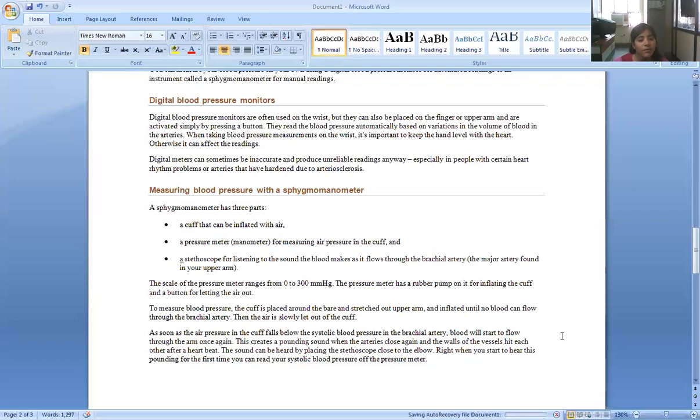The scale of the pressure meter ranges from 0 to 300 mmHg. The pressure meter has a rubber pump on it for inflating the cuff, and a button for letting the air out.